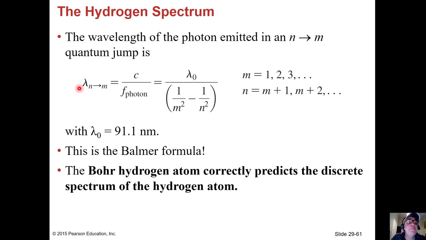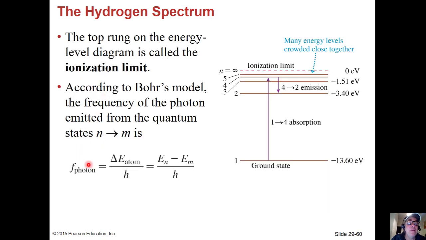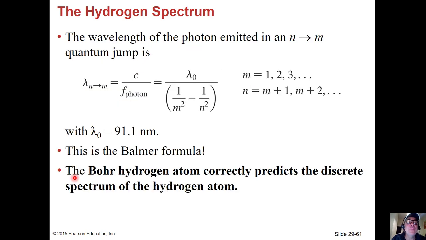Okay, and then we could write this equation in terms of the wavelength. Remember, the speed of light is the frequency times the wavelength. So just going back to the previous slide, you can take this for frequency and put in that relationship, that the speed of light is the frequency times the wavelength. Solve for frequency, do a little bit of algebra, plug it in here, and you get the wavelength of a photon emitted when you go from n down to m. So remember, n is larger than m.